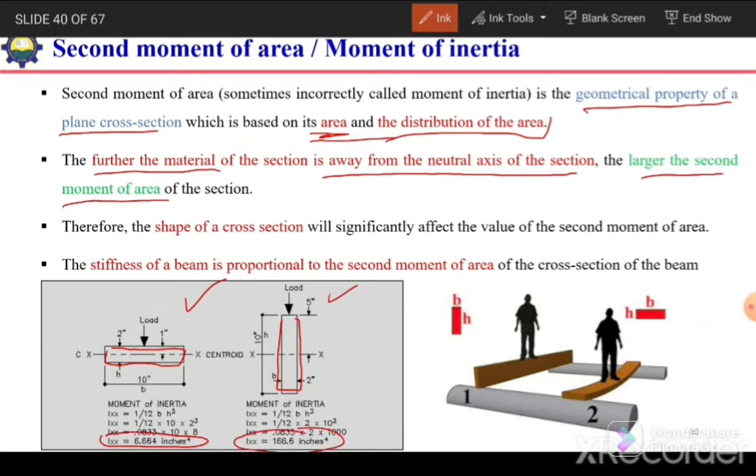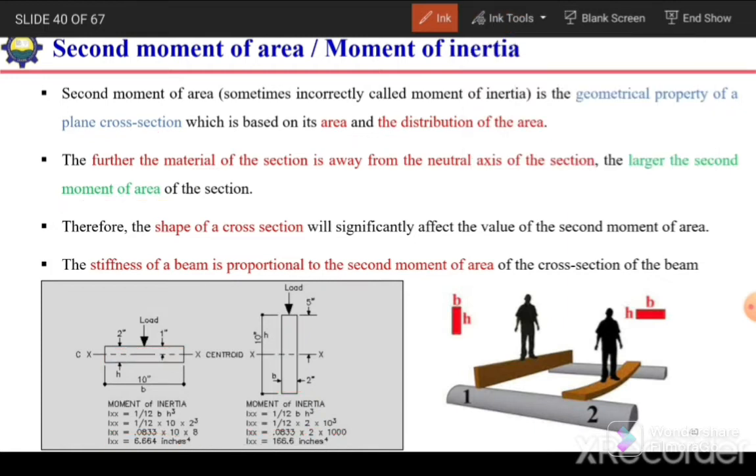Here it is only 6.6 inch to the power 4, and here it is 166.6. The reason is, in the first case the material is close to the neutral axis, and in the second case the material is away from the neutral axis. Just by changing the distribution of area, we have significantly increased the second moment of area.